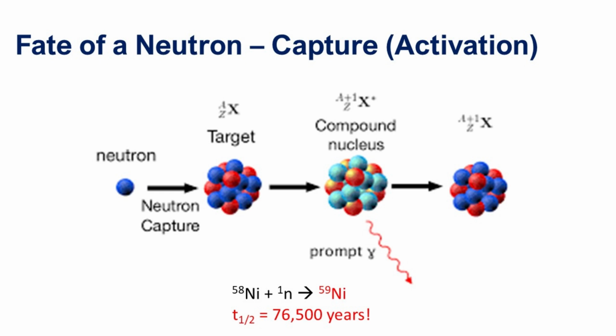One classic example of this is nickel-58, which absorbs a neutron to become nickel-59. The nickel-59 has a half-life of about 76,500 years and is actually really important for nuclear waste. For the earlier generations of nuclear reactors, they used normal steel, which has quite a lot of nickel in it.